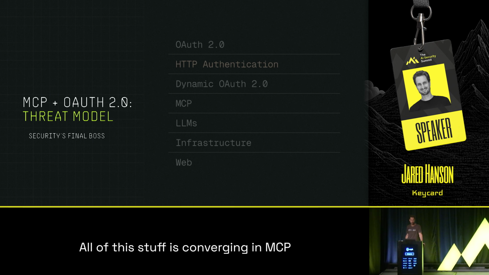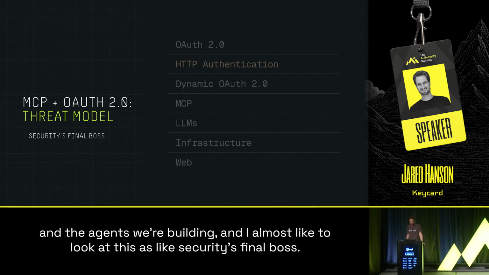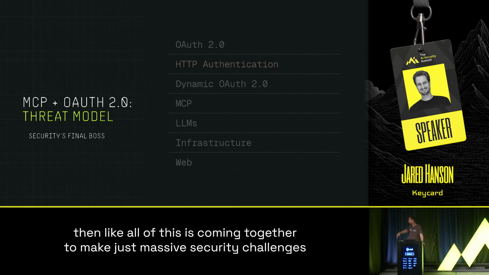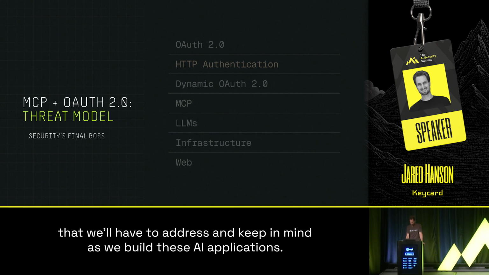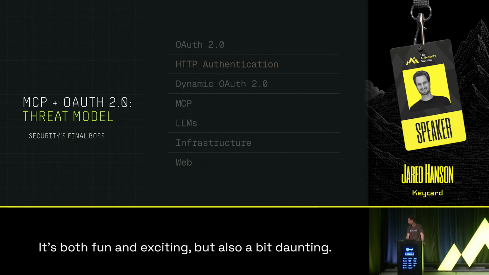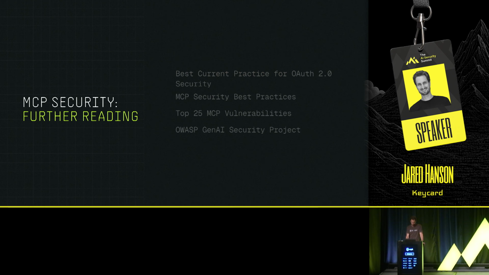All of this stuff is converging in MCP and the agents we're building, and I almost like to look at this as security's final boss. If AI was the ultimate goal of computing, then all of this is coming together to make massive security challenges that we'll have to address and keep in mind as we build these AI applications. It's both fun and exciting, but also a bit daunting.